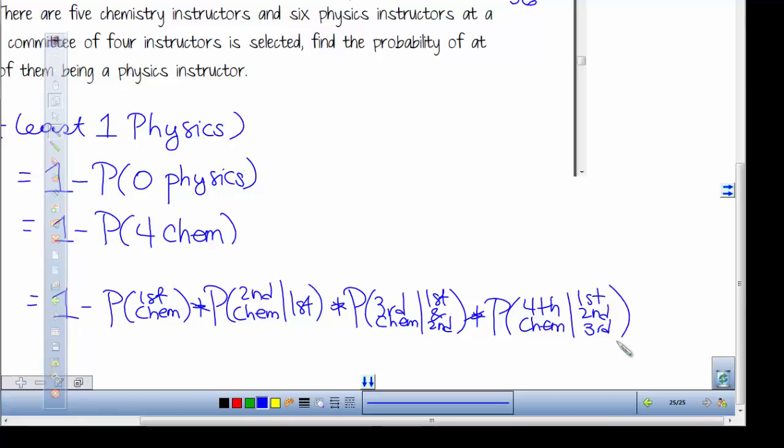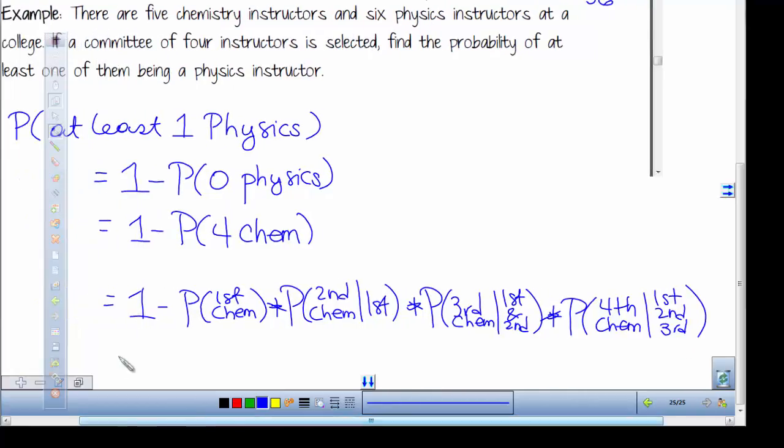Okay, and so the probability that the first one is a chemistry instructor is going to be 5 over 11. Okay, we take him out, he's gone. All right, we multiply that by 4 over 10, because there are 4 chemistry instructors left, 10 total left. Okay, take him out, then 3 over 9, and 2 over 8.